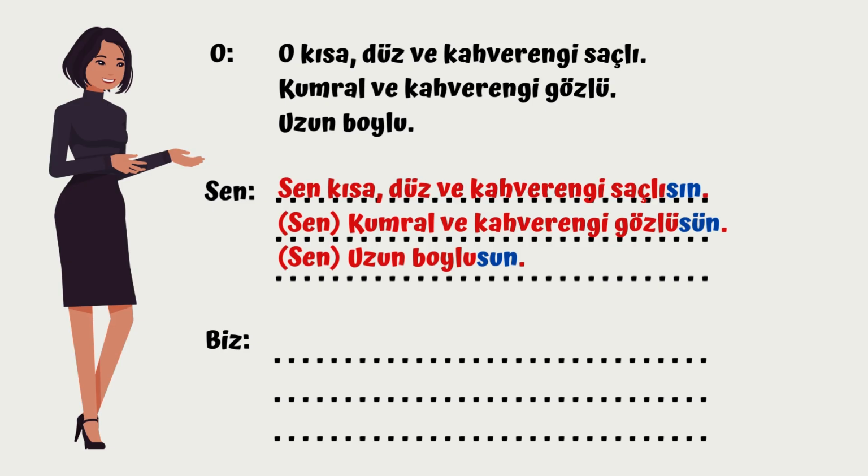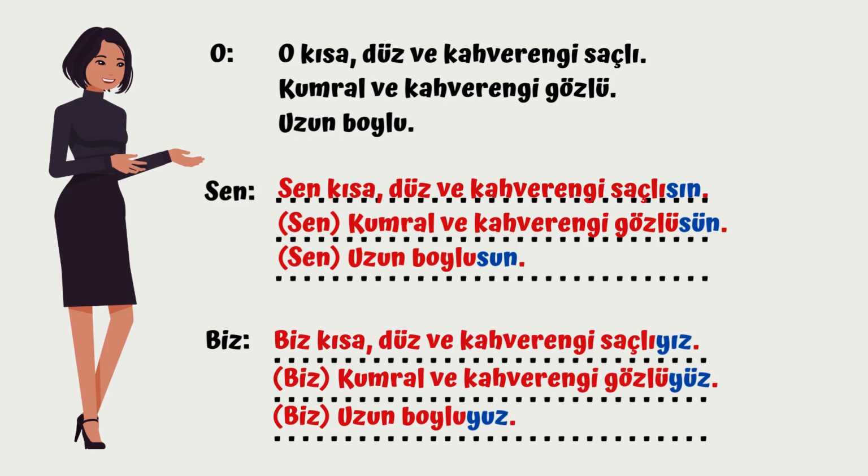Okay? And if I change the whole paragraph to biz, then the paragraph will change into this. Biz kısa, düz ve kahverengi saçlıyız. Kumral ve kahverengi gözlüyüz. Uzun boyluyuz. Right? And one more time.